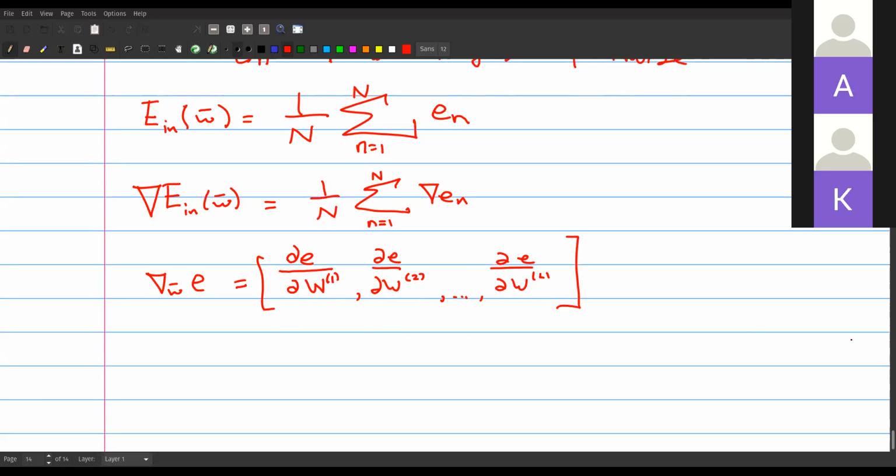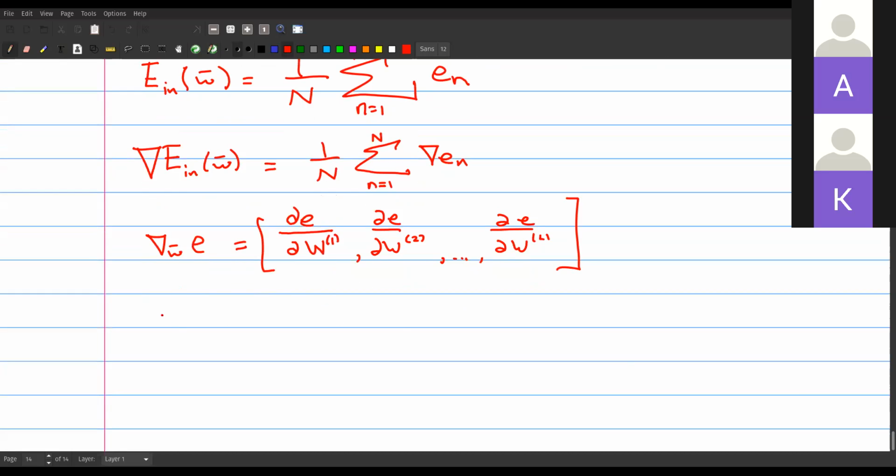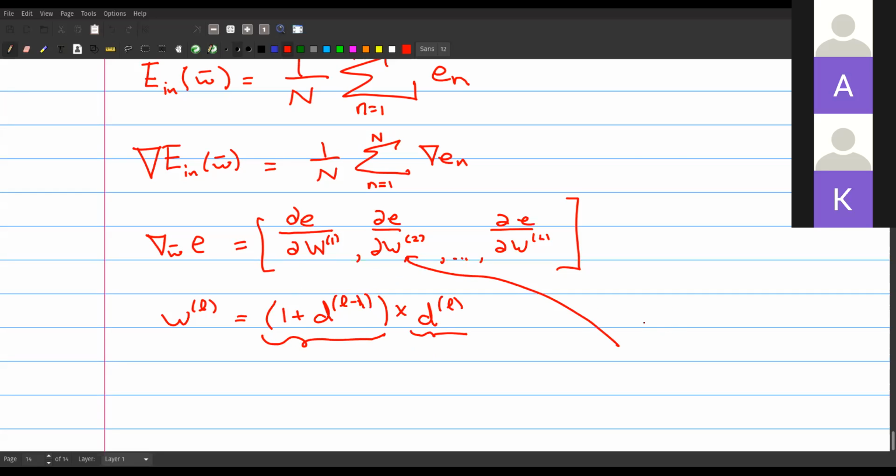And each one of these, so remember, let's just consider WL. The dimensions are 1 plus D(L minus 1) times D(L). That's because it goes from outputs of layer L minus 1 to inputs of layer L. So all of these have these same kinds of dimensions. For W2, the dimensions are 1 plus D1 times D2.